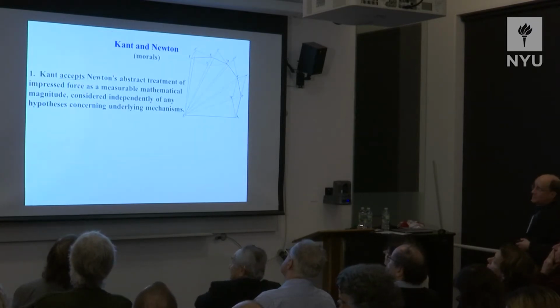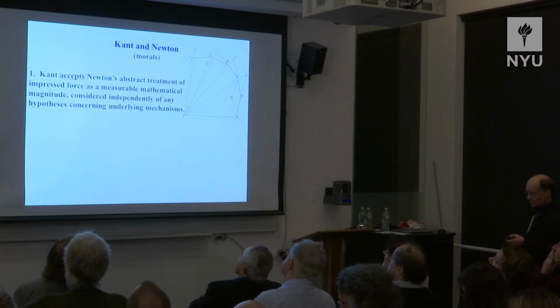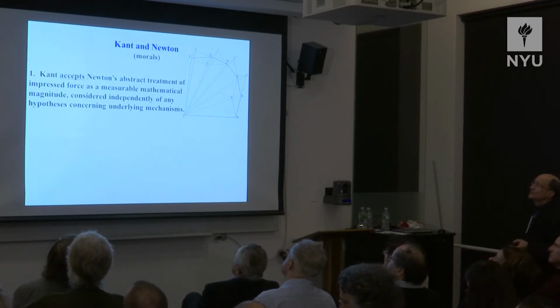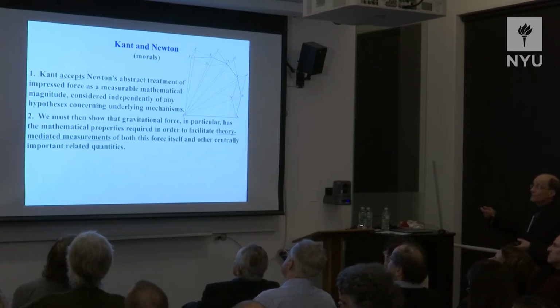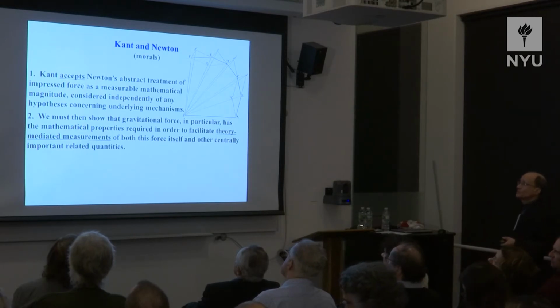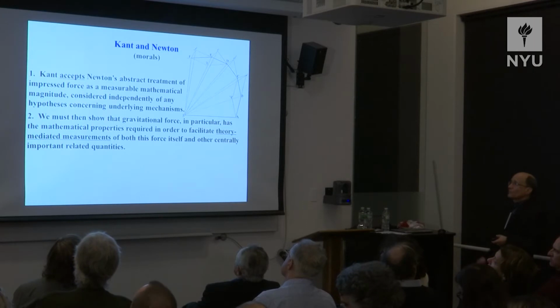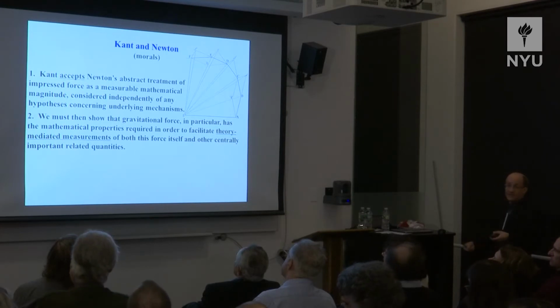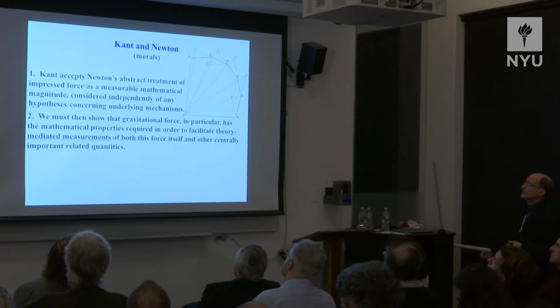So again, Kant accepts this abstract treatment of impressed force as a measurable mathematical quantity. And once we've got that, we must then show, and we can show, that gravitational force in particular has the mathematical properties required in order to facilitate theory-mediated measurements of both the force itself, like its inverse square properties, and other centrally important related quantities. For example, time.